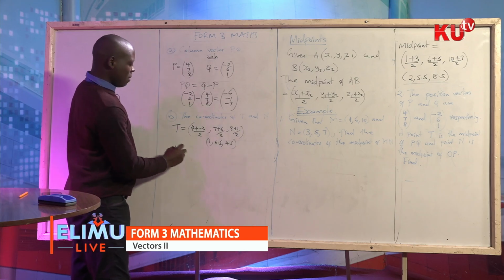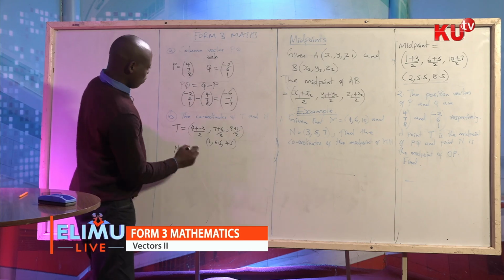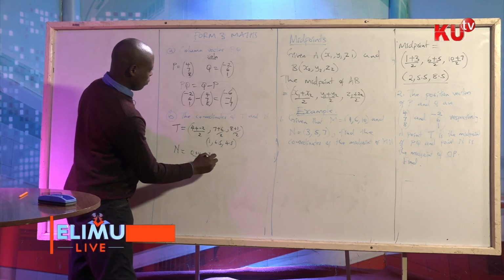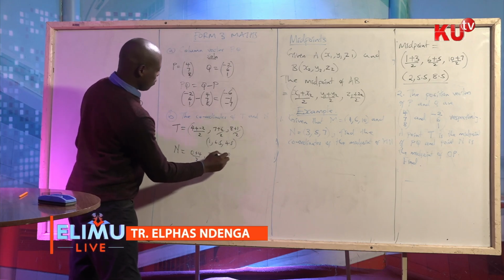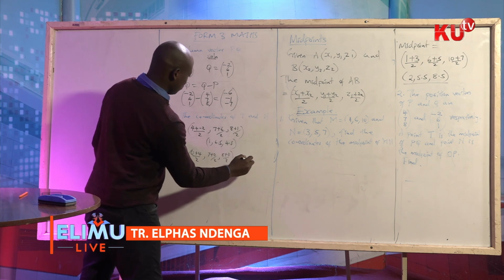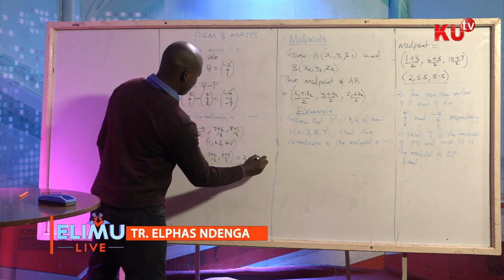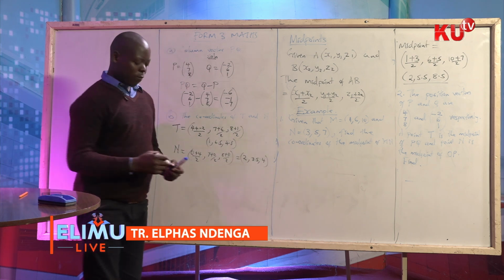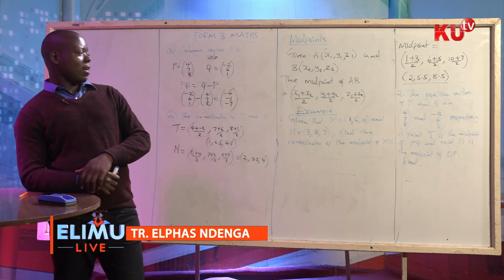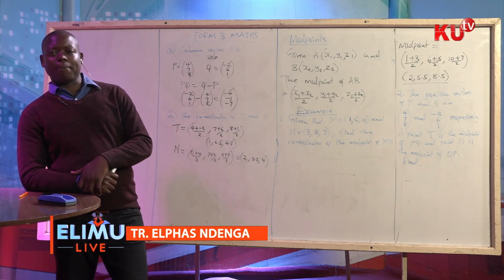N being the midpoint of OP will be 0 plus 4 over 2, 7 plus 0 over 2, and 8 plus 0 over 2. So you work out this one, this becomes 2, 3.5, and 4. You will have worked out the midpoints of N and T.